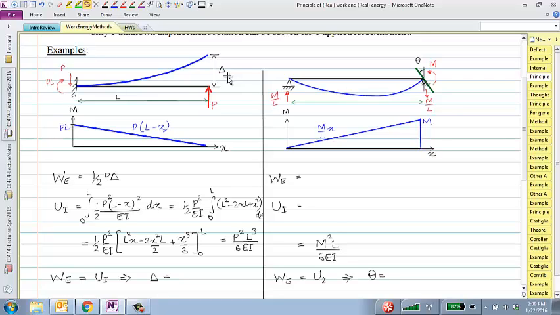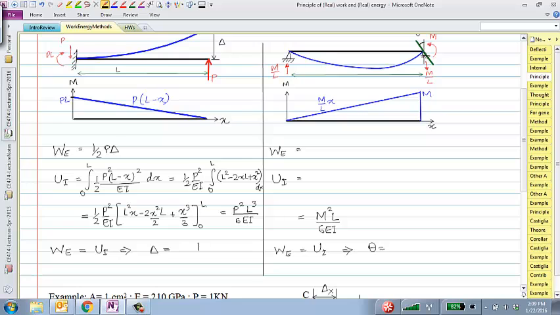So if I equate half P delta to this, I should be able to calculate delta, which indeed, if I write that in this manner, P square L cube over 6 EI, and 2 over P would be here. So this P and square is gone. This 6 becomes 3, and indeed happens to be PL cube over 3 EI.